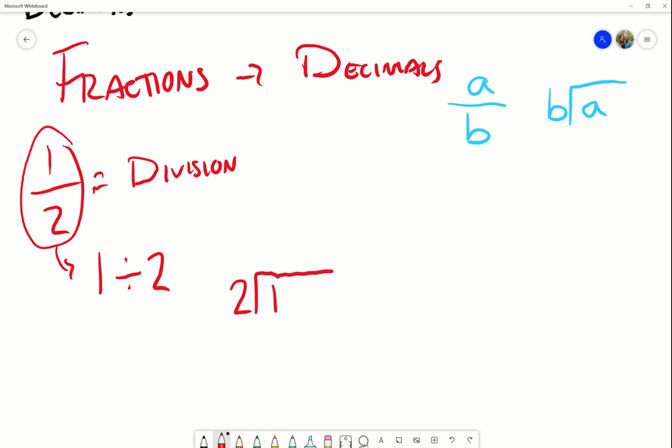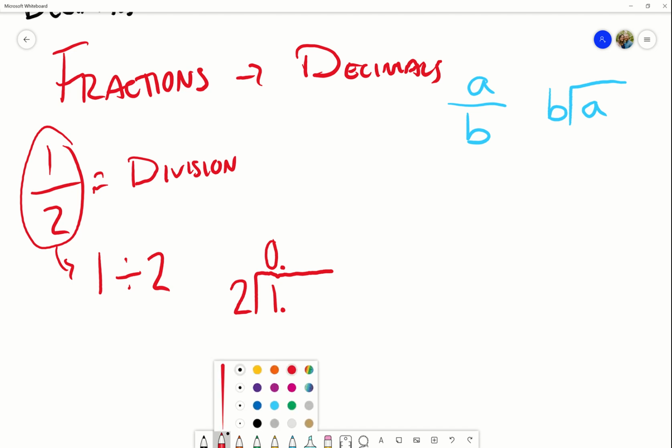And then we tell ourselves, all right, well, how many times can 2 go into 1? Well, it can't go into 1. So what do we do in a situation like this? Well, when we get to the point where it can't go into something, we want to add a decimal and bring it up.